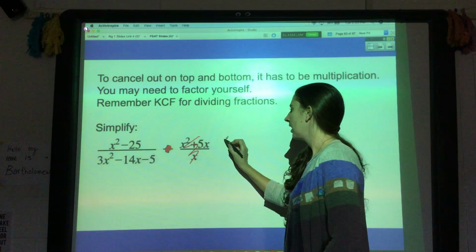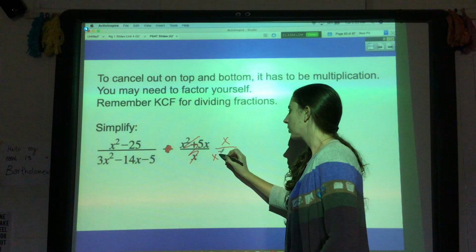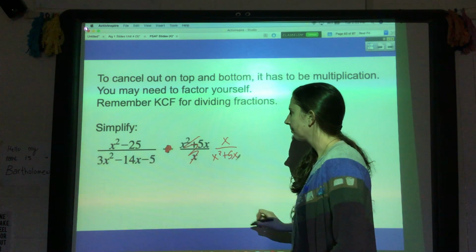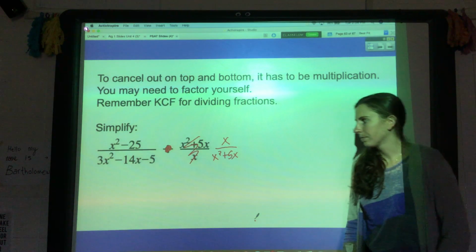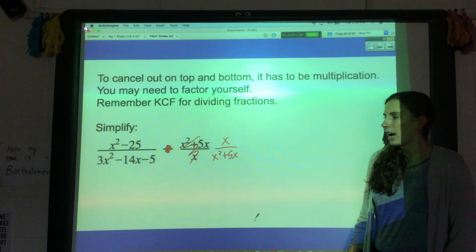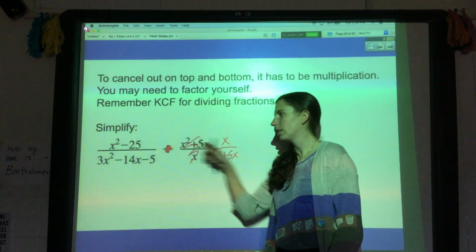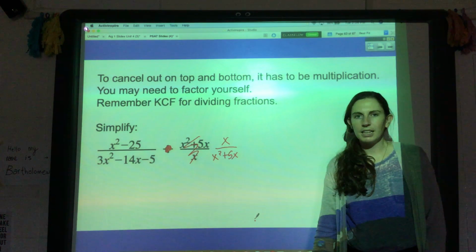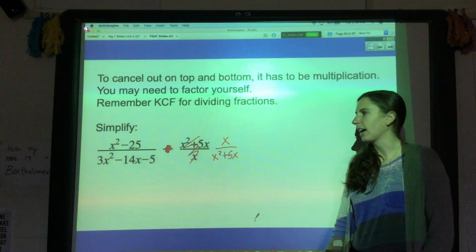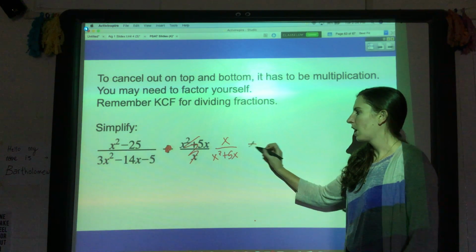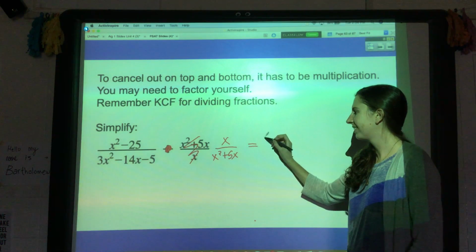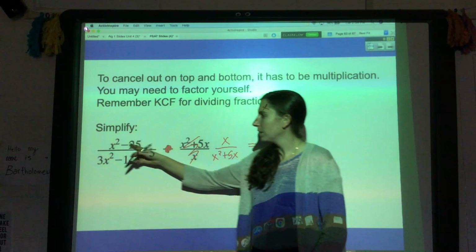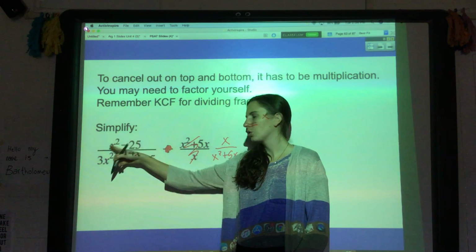So now it's x over x squared plus 5x. To multiply fractions, you just multiply across the top and across the bottom. However, I might be able to cancel some things if I factor, so I'm actually going to factor stuff first. On the top, I've got x, and then this one is the difference of two squares.